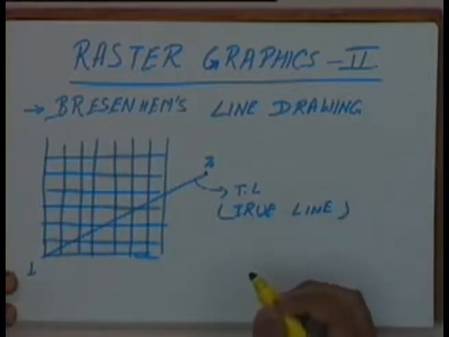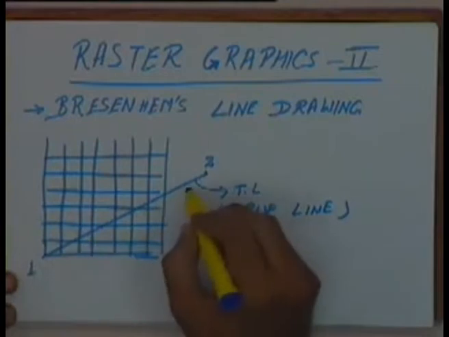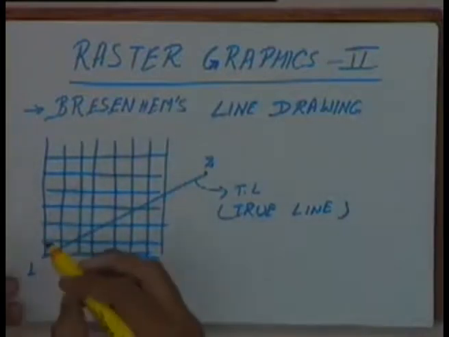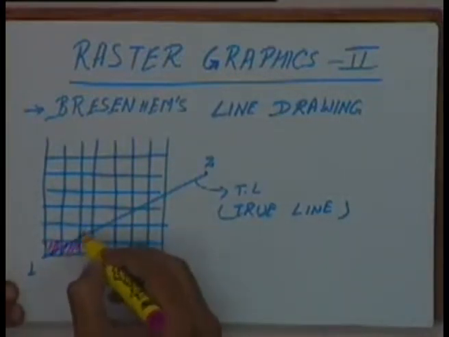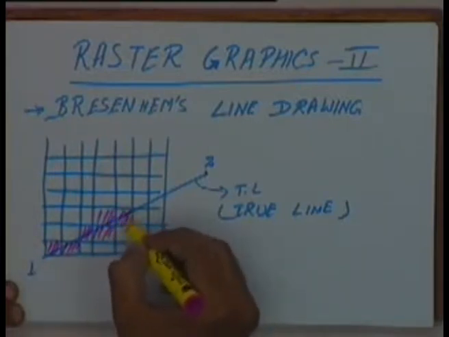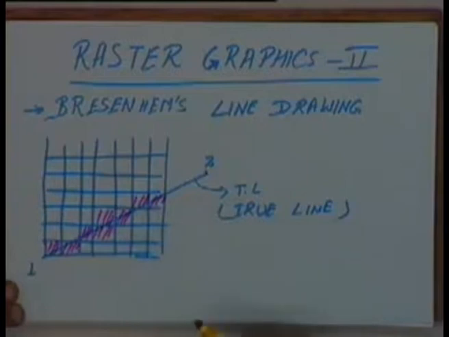But in a raster refresh display, the true line will never be displayed. What would be displayed would be a set of pixels, which in this particular case might be pixels chosen something like this, and so on.